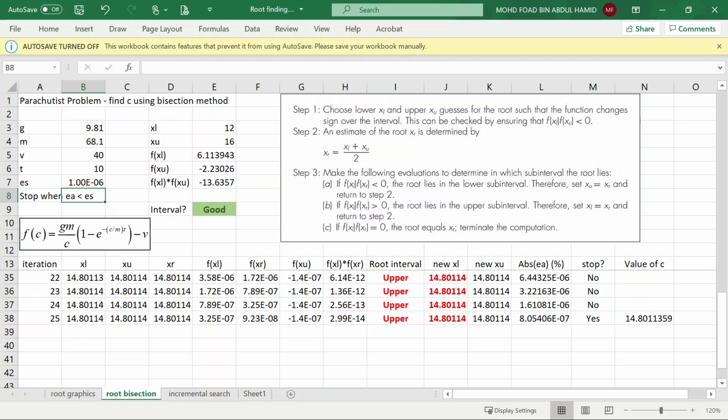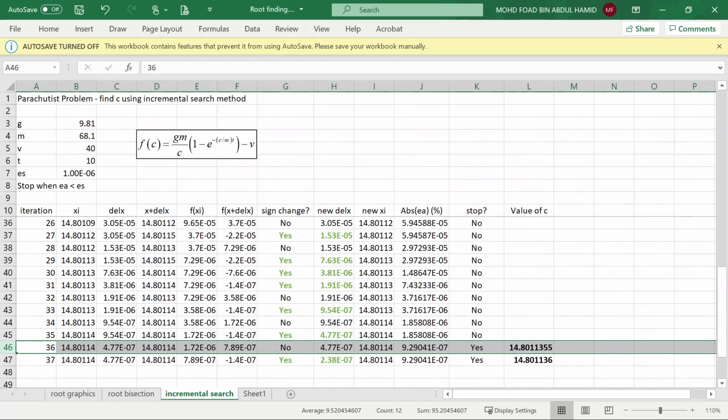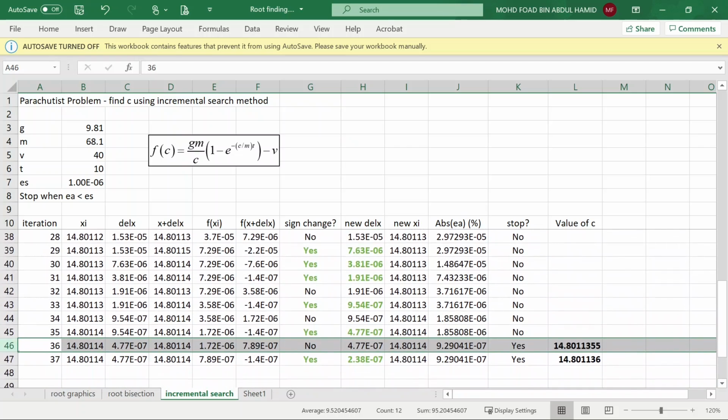So look at the solutions here. We notice that whether we are using incremental search or the bisection method, we get the same answer. But the only issue is that when using the incremental search method, it requires 36 iterations to get the same accuracy as the bisection method.